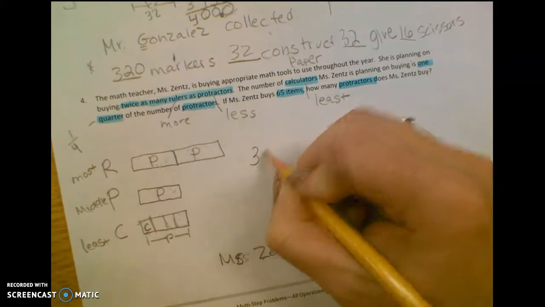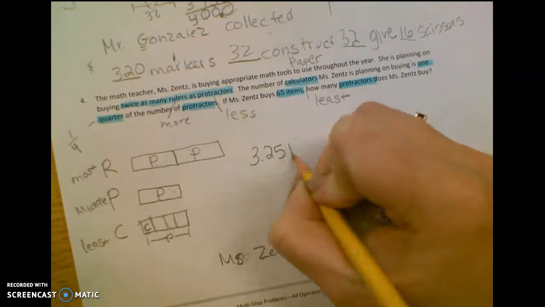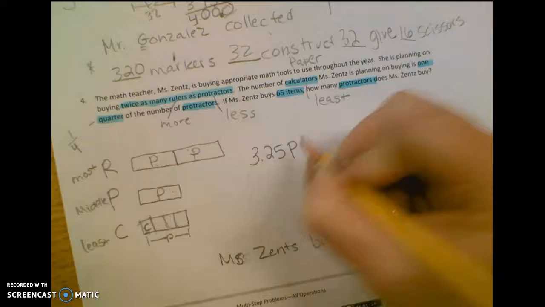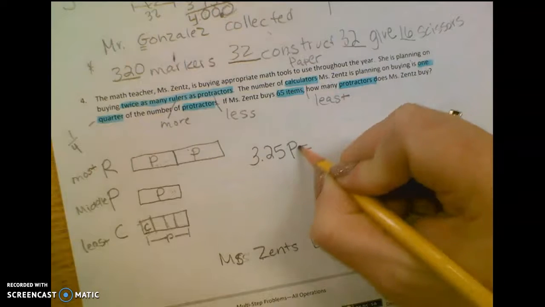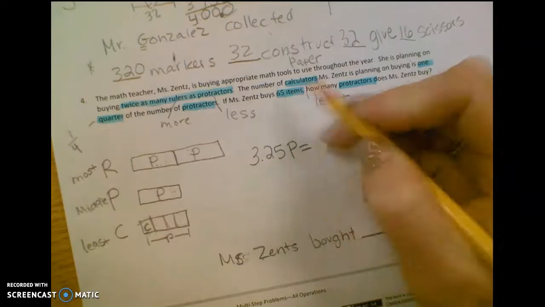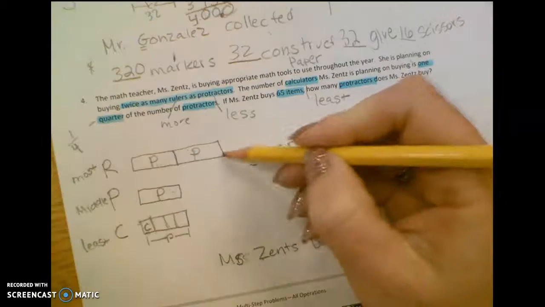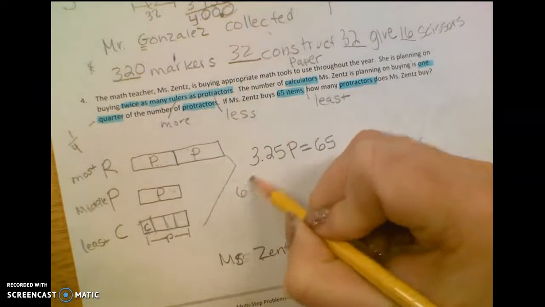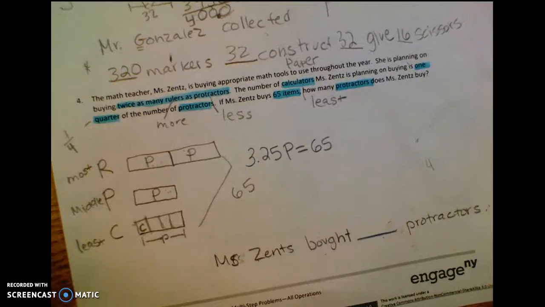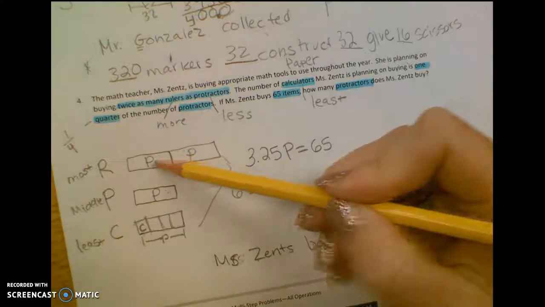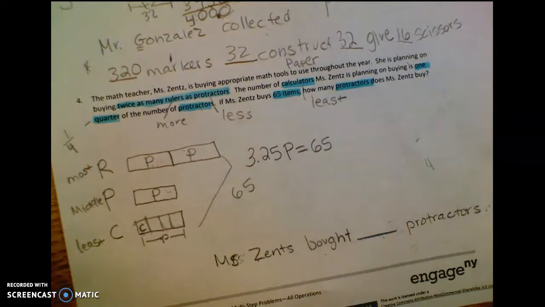So we have 3.25 P's or protractors, and that's got a total or equal 65 items. So now, if I know that this total has to be 65, what do I do to those 65 to figure out what 1P equals?